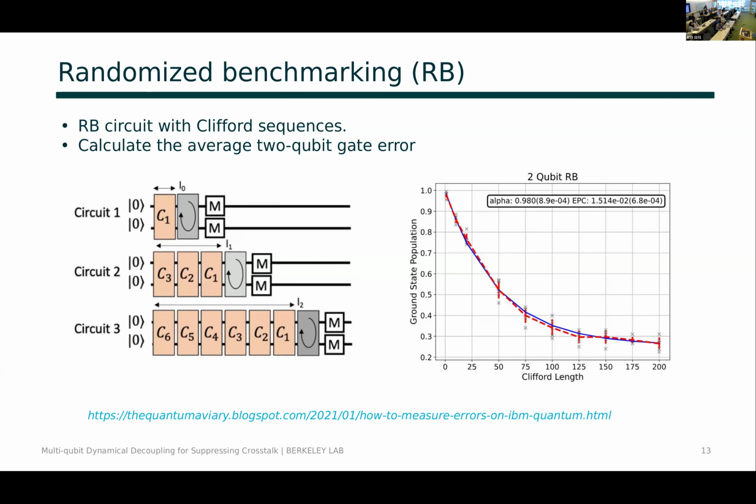The next thing we want to do is decide what kind of circuits we use to benchmark our DD protocol. And we choose this randomized benchmarking circuit because it's a very common method to benchmark the gate error for quantum hardware.